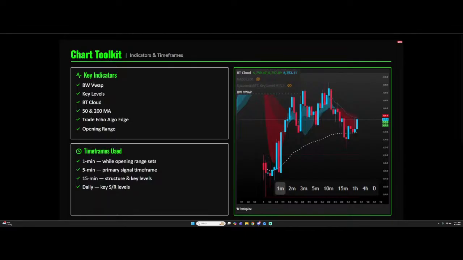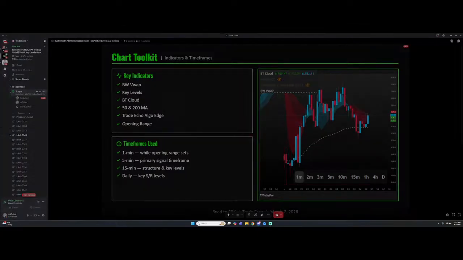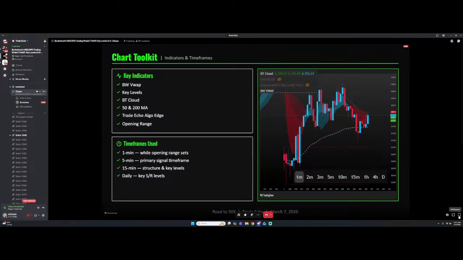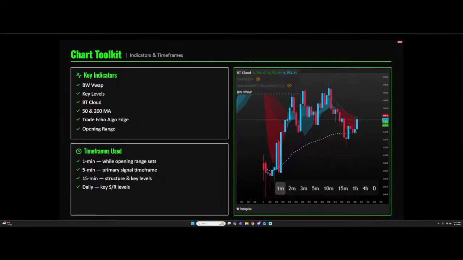And then if we're ranging in the center, it's not that if it touches it, it's going to reject, or if it goes above it, it's going to immediately pump up. It's none of that. So right now we're going to move on to the toolkit, what's on my chart, and what each thing means.